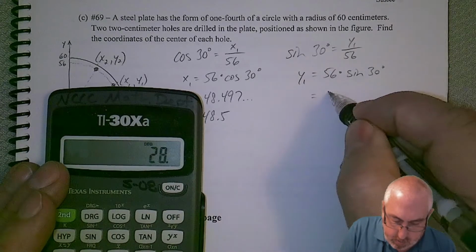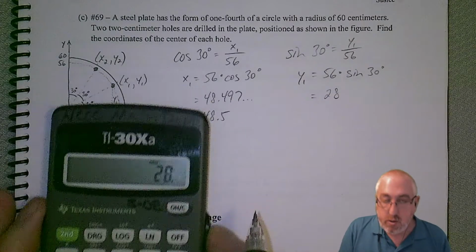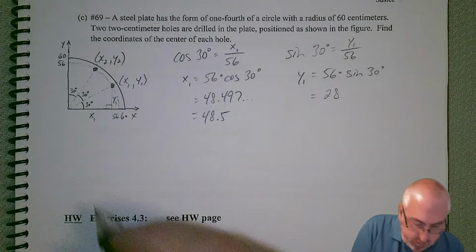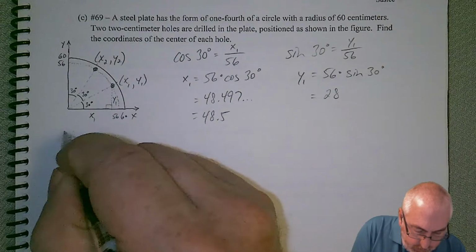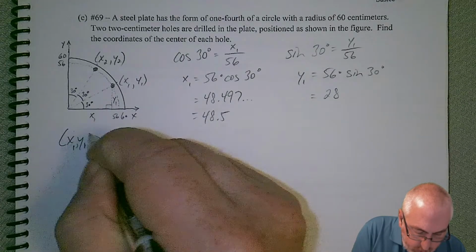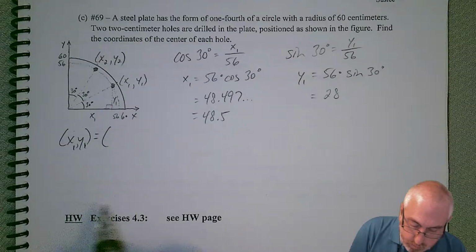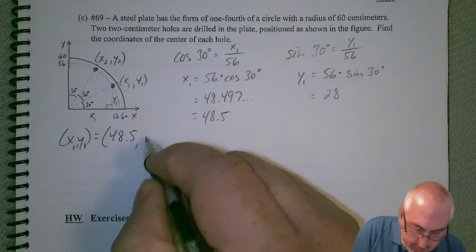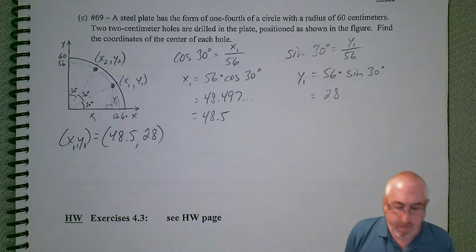Yeah. So that should be the coordinates of our first point. So x1, y1 should be equal to 48.5, comma, 28.